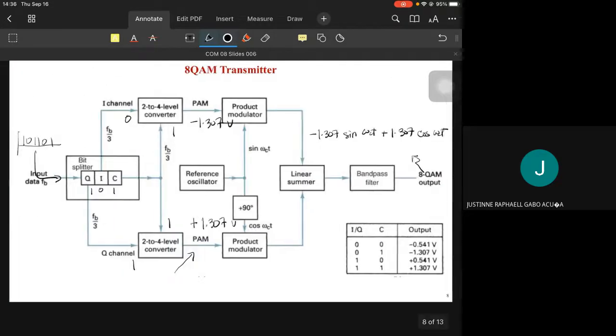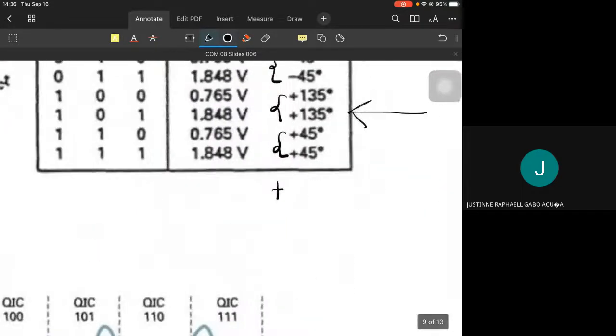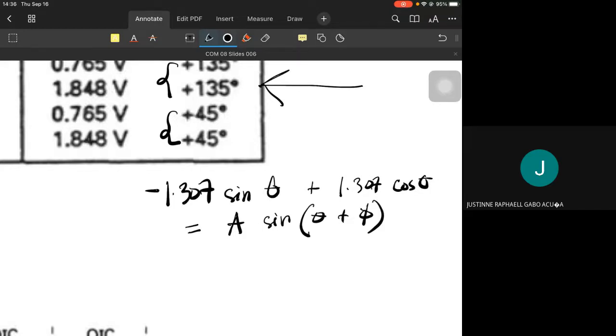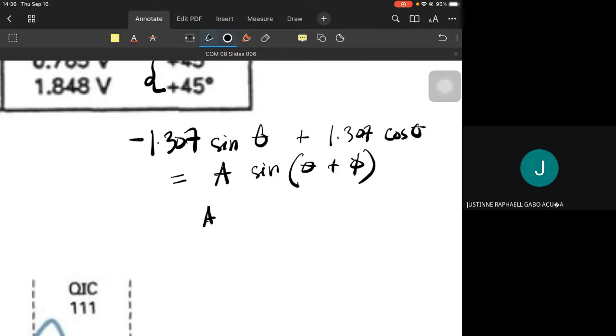Cosine. Negative 1.307 sine theta na lang din omega t, plus positive 1.307 cosine theta, which will be equal to the amplitude times sine theta plus phi.